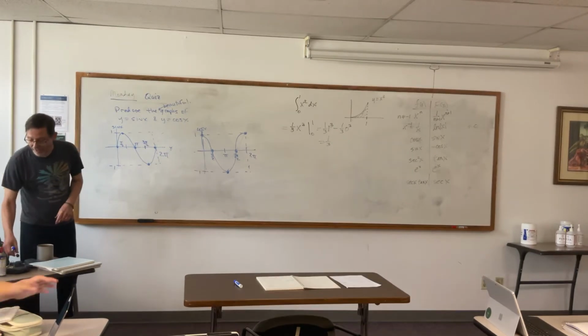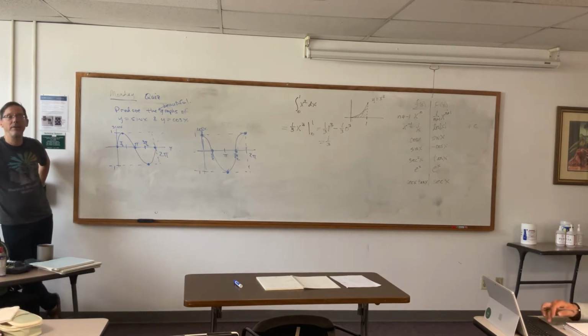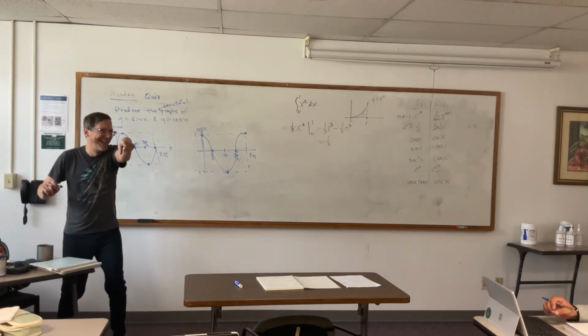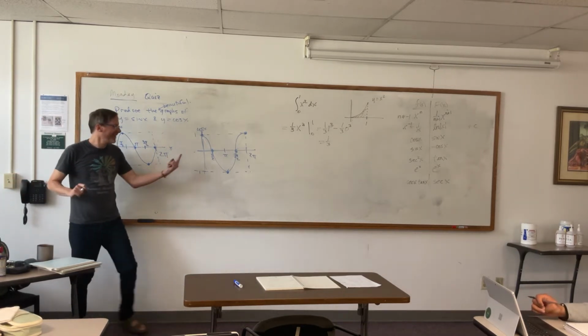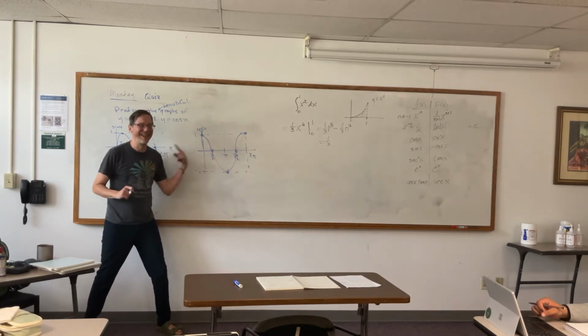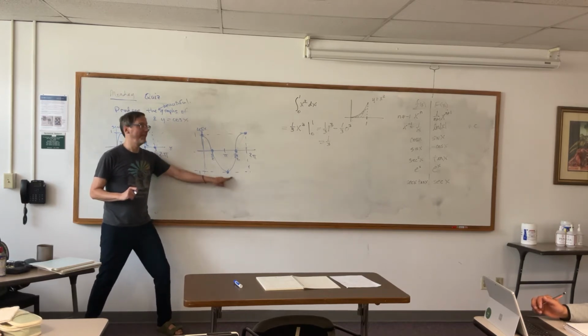What's the cosine of 4,000 pi? One. Because every 2 pi it's 1, so at 4,000 pi it's 1. What about 4,001 pi? Negative 1.